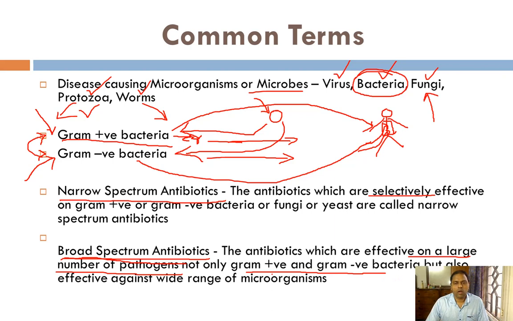They can also cover a wide range of microorganisms. So such antibiotics are called broad spectrum antibiotics. Within the bacteria, if you talk about broad spectrum, that means those antibiotics cover gram-positive and gram-negative bacteria.